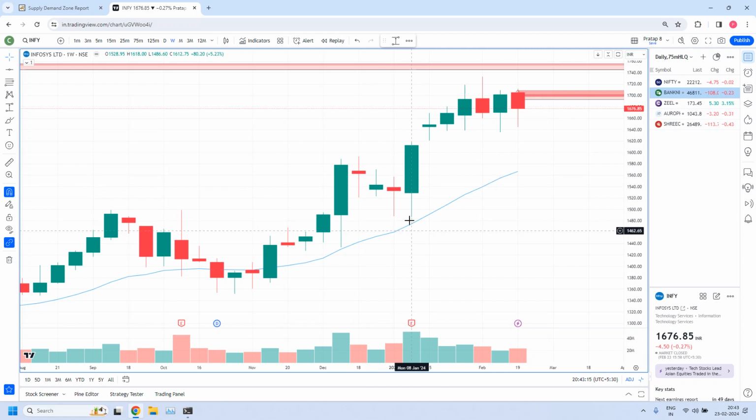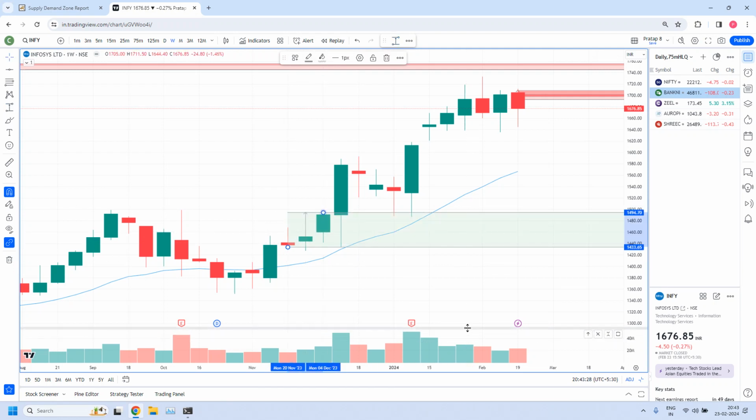At that time we can clearly tell, because when the market comes very close to the EMA, if there is any demand zone, see here, it came very close, there was a demand zone here in Infosys. See, the moment prices entered into the demand zone, and this demand zone is also having EMA confluence.